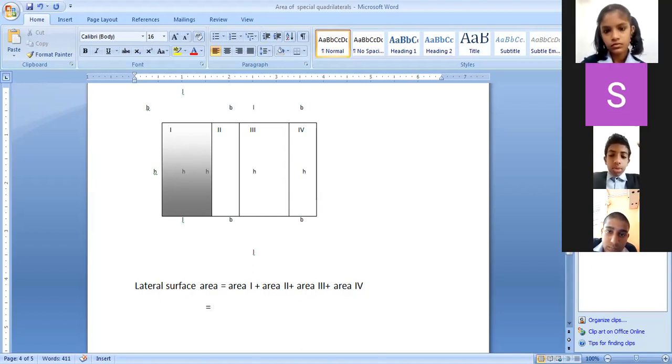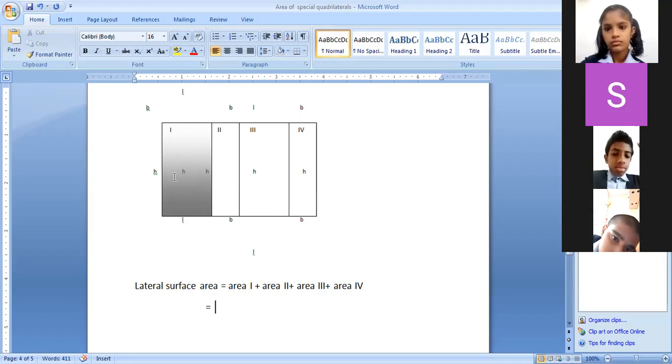Unmute and say, then only I can hear you. Two into L plus B. No, I'm asking area. This is a rectangle. Can you identify the rectangle? This is the first rectangle.